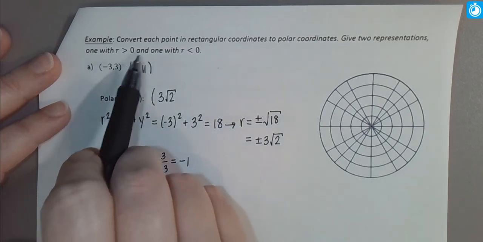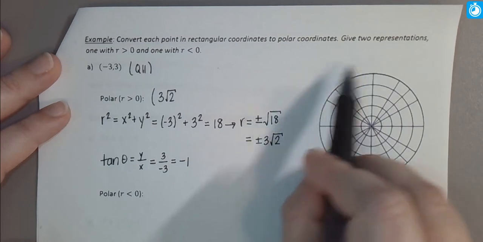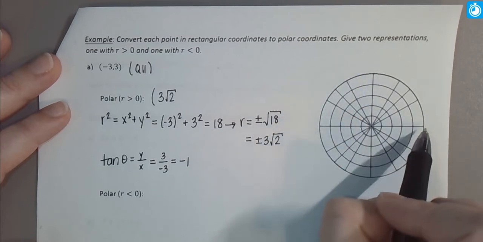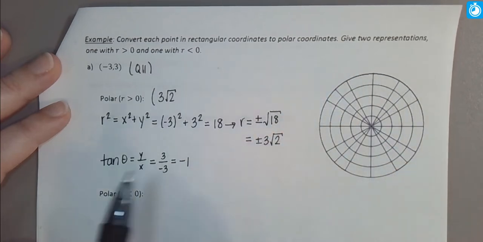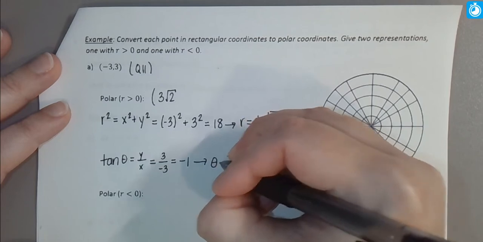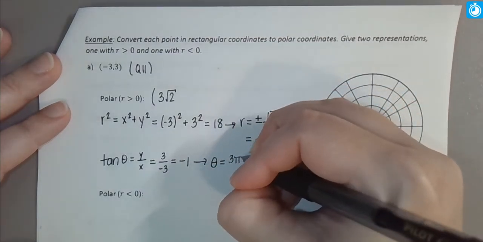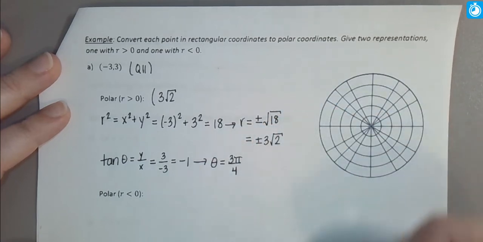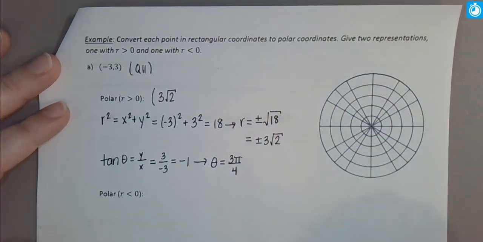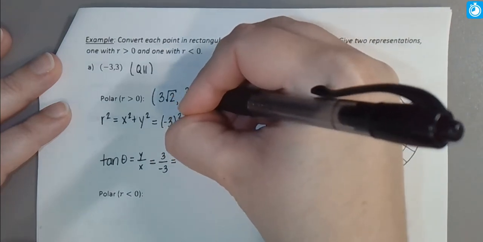But we want the angle that's represented by the second quadrant. So where in the second quadrant, rotating from 0, do we get an angle that has a tangent of -1? Well, the only angle in the second quadrant that has a tangent of -1 is going to be the angle 3 pi over 4. So that is going to be our value for theta.